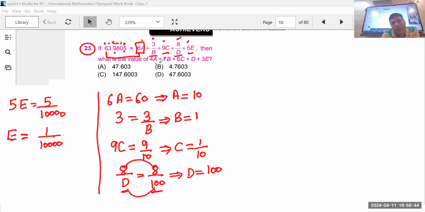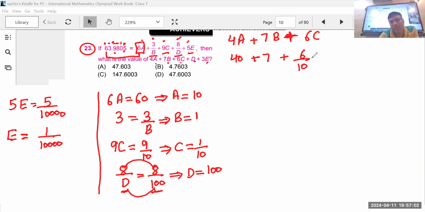Now we have got the value of A, B, C, D, E. So 4A will be equal to 40 plus 7B will be equal to 7 plus 6C will be equal to 6 by 10 plus D, which is equal to 100 plus 3E, which is equal to 3 by 10,000.